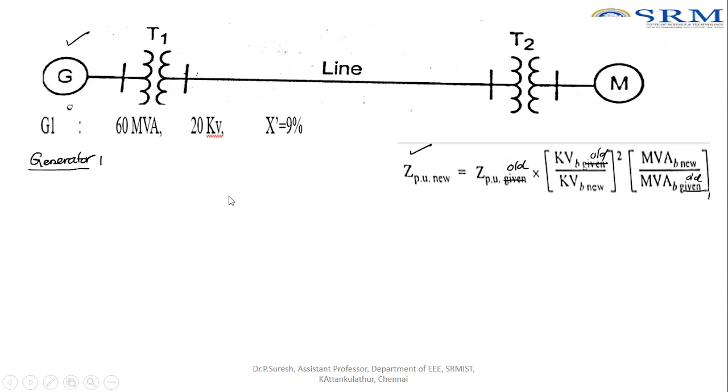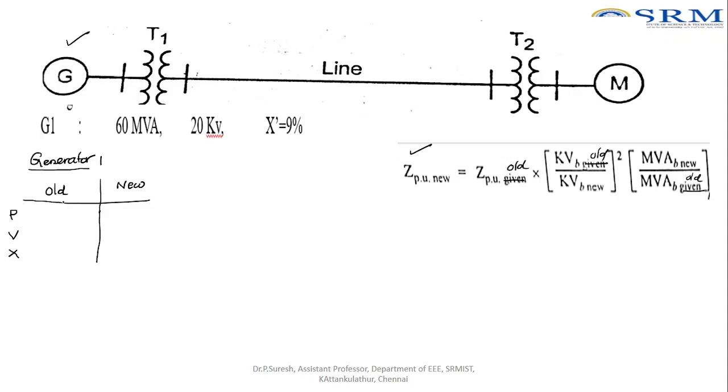Before using this formula, you just write the old values and the new values. What values do we require? We should know the old power, the old voltage, and the old reactance. Similarly, we should know the new power, new voltage and the new reactance.